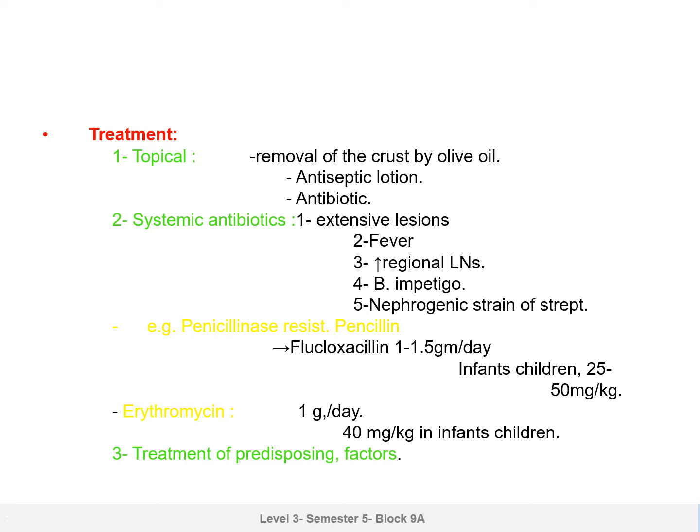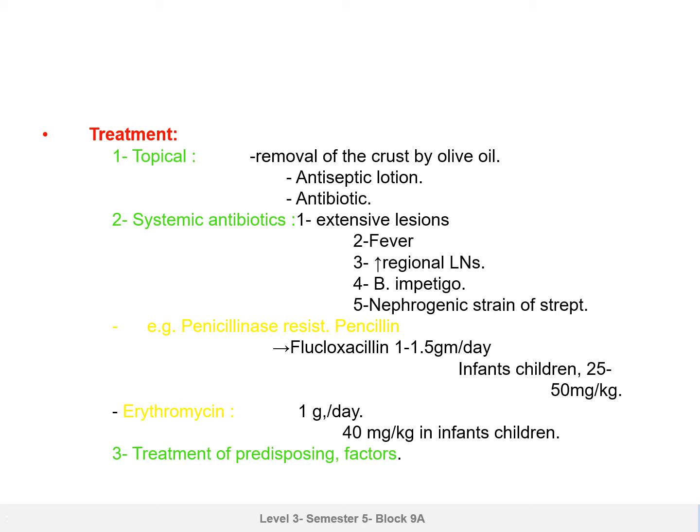If the patient complains of fever, or when you examine the patient and find enlarged regional lymph nodes, in case of bullous impetigo, in case of nephritogenic strain of streptococci, when you see a case of bullous impetigo and you do a culture from the pus and the culture reveals streptococci, you must give the patient a systemic antibiotic. What are the types of antibiotic you can give in case of impetigo?